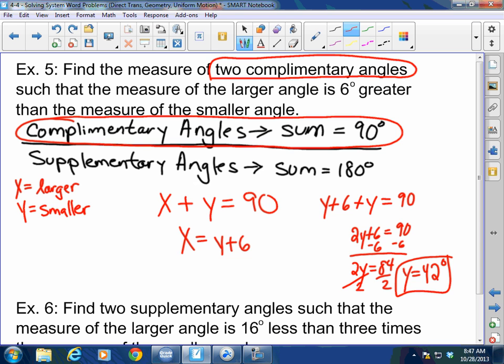Awesome. And now that I know Y is 42, I can easily solve for X, because that's 42 plus 6. So X equals 48 degrees. So my larger angle was 48 degrees, and my smaller angle was 42 degrees, and 48 plus 42 does equal 90, so it all works out.